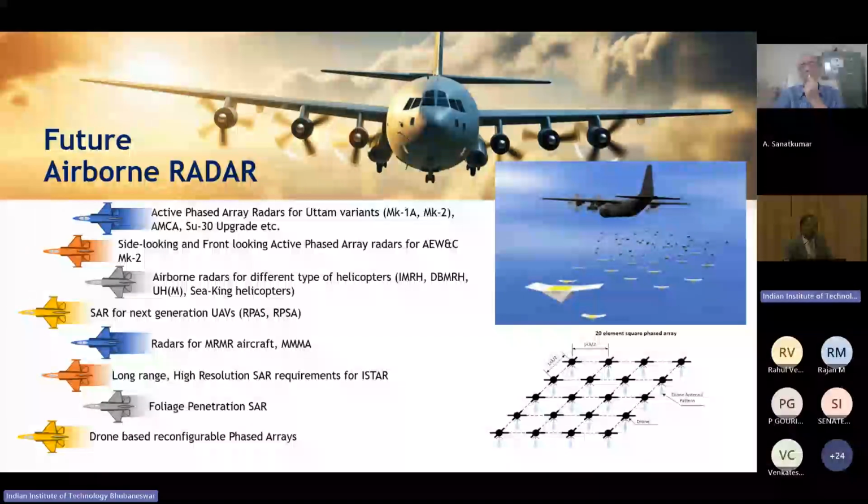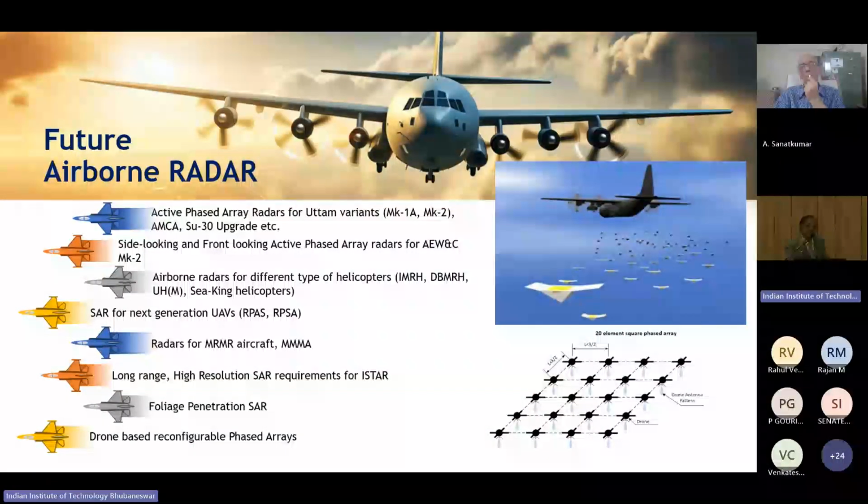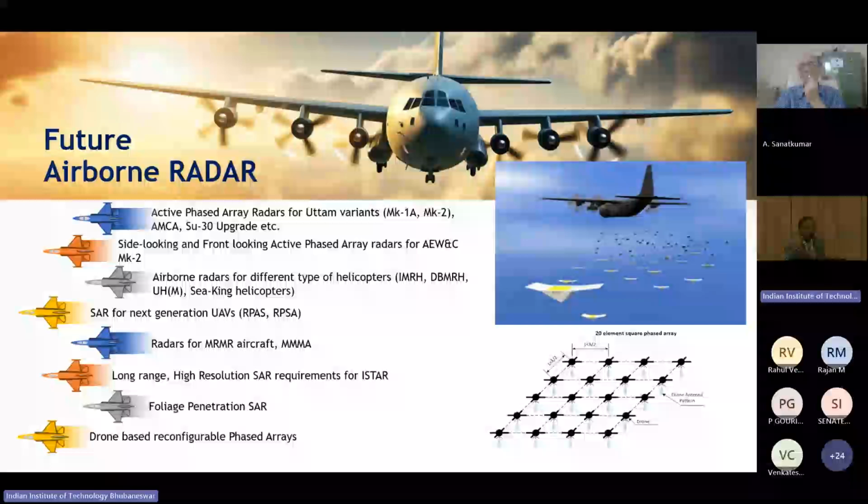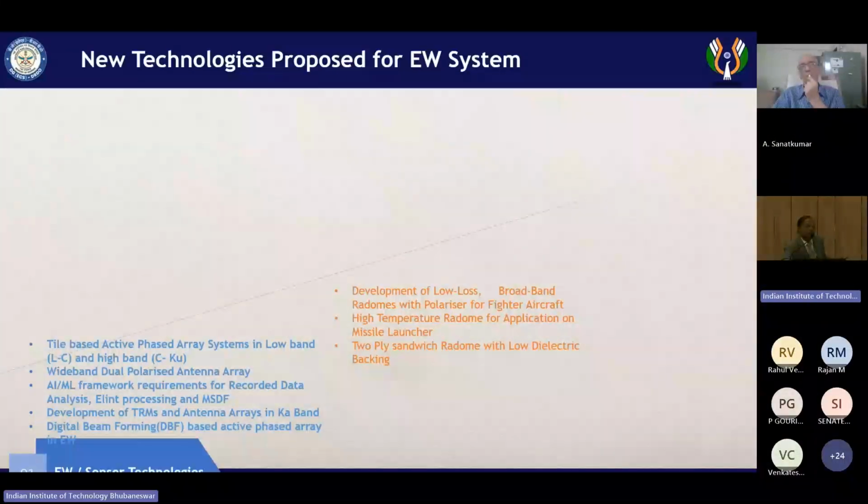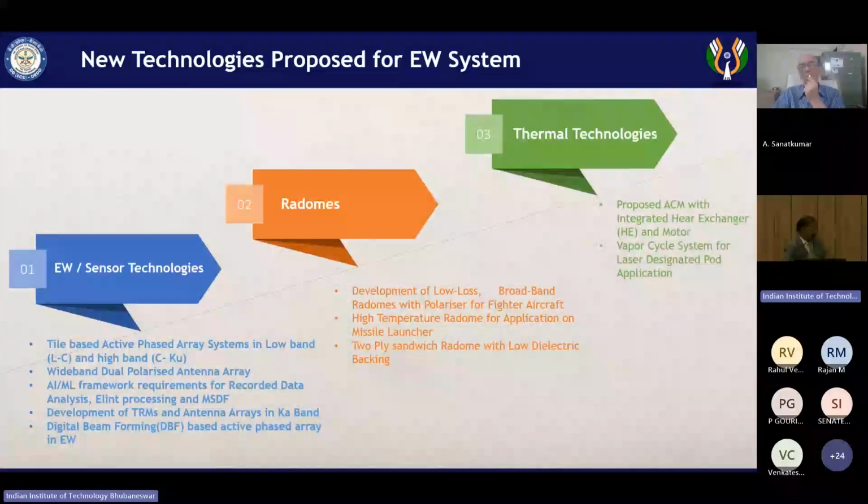It creates a beautiful AESA radar for me, and it pumps so much energy into the sky that the moment a missile comes near, it completely disintegrates and vanishes in the sky. That's the kind of warfare, that's the kind of futuristic radar I'm looking for, friends, from all of you. We are working on this. Nobody in the world has it now. And probably the day we make it, India will be the world leader in invisible radar, which I'm confident will happen.